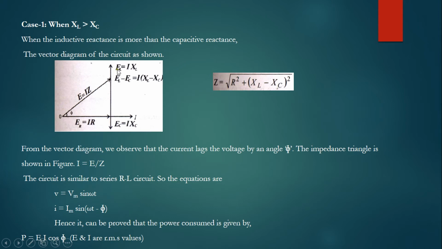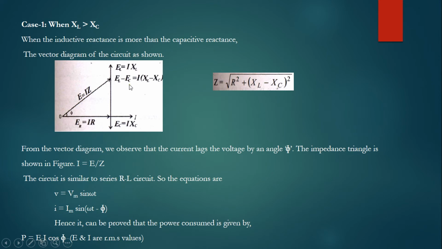So with I into XL, since XL is greater, the voltage drop across inductance is greater, so the magnitude of EL is shown greater when compared to EC.